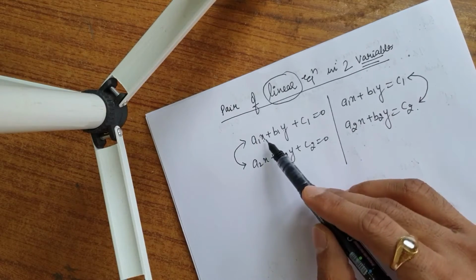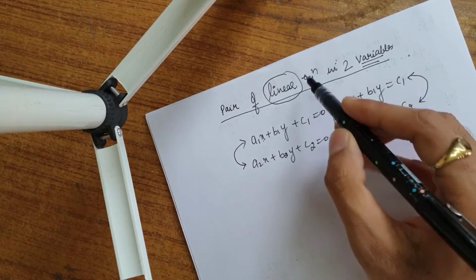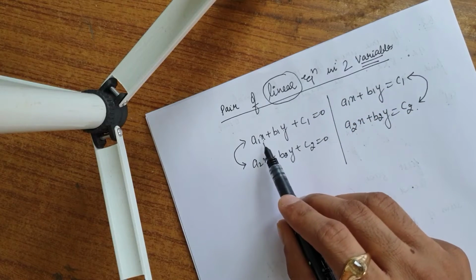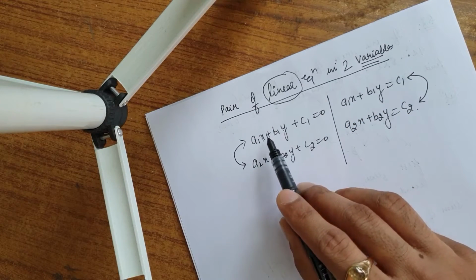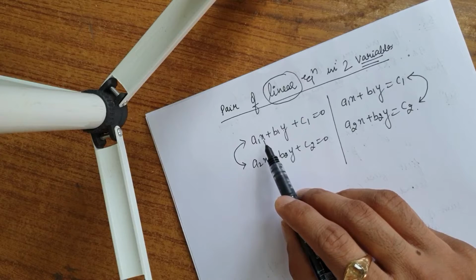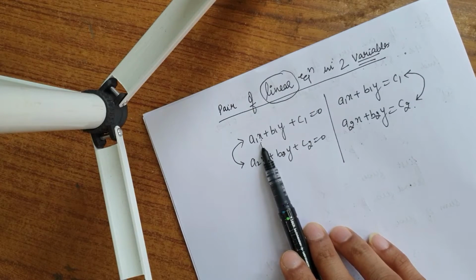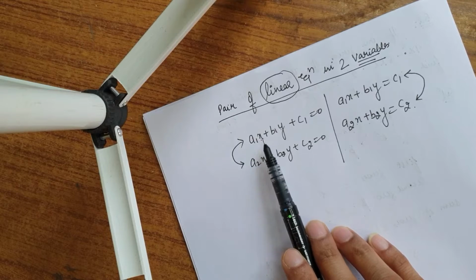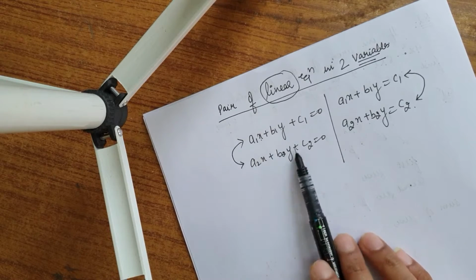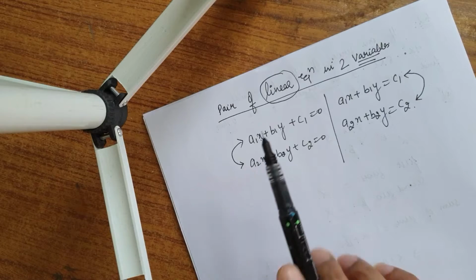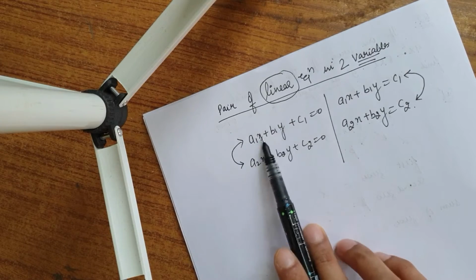Linear means x and y should have the highest power 1. If the highest power is 2, it will not be linear, it will be quadratic. So linear means the variables should have the highest power as 1 only.